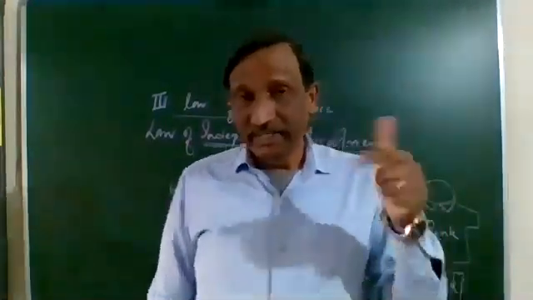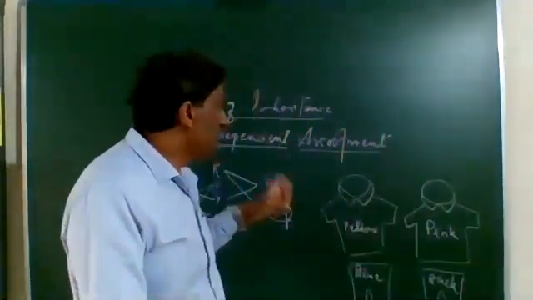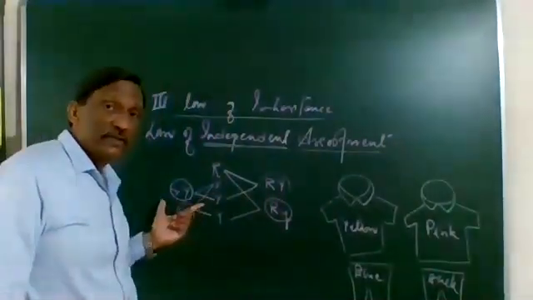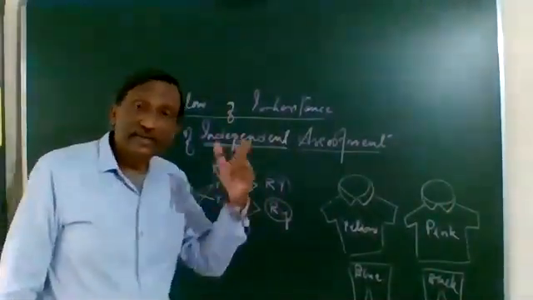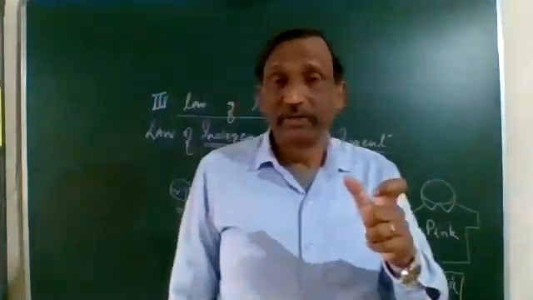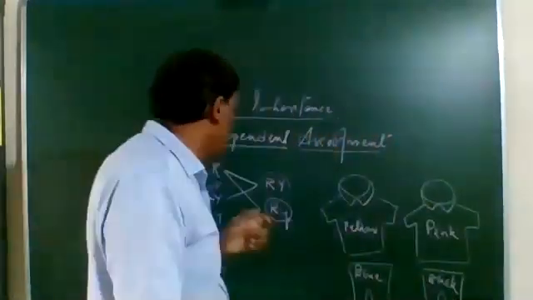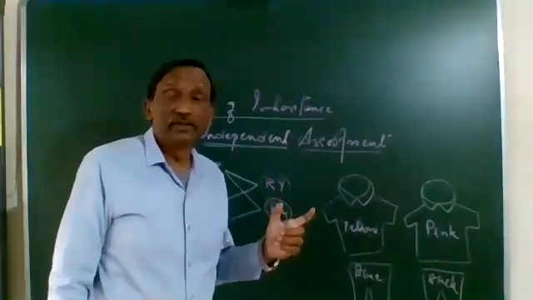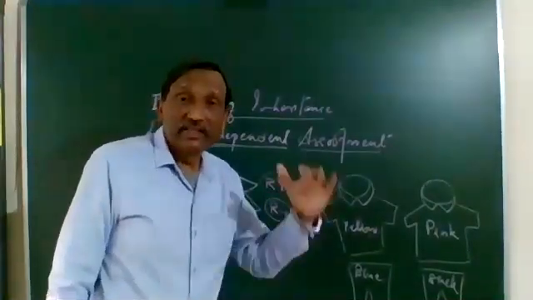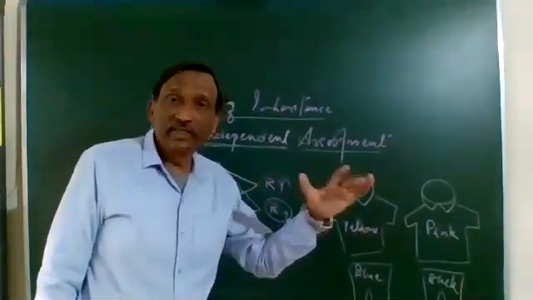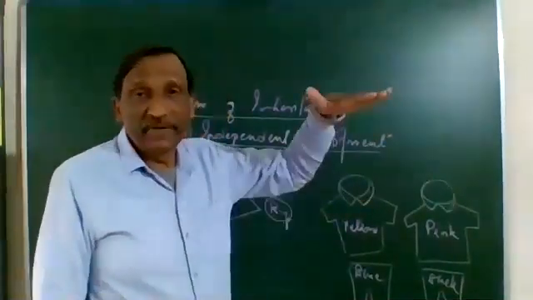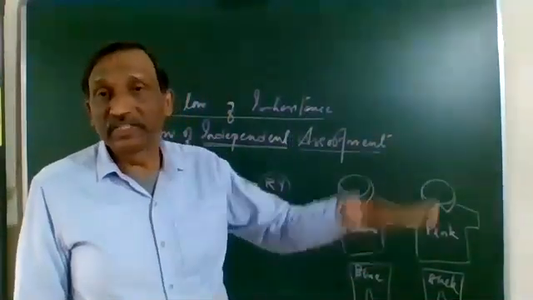Okay. Secondly, Mendel has taken a character as a discrete unit. He said either it will be brown or it will be linear, nothing in between. Either it will be yellow or green, nothing in between. Either the plant will be tall or dwarf, nothing in between.